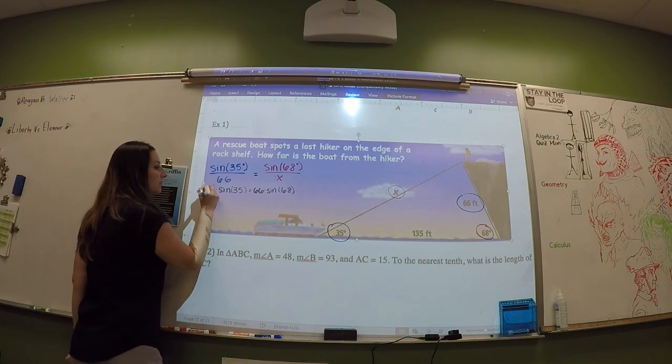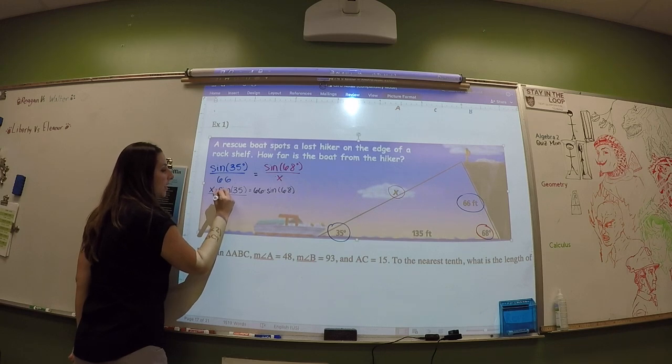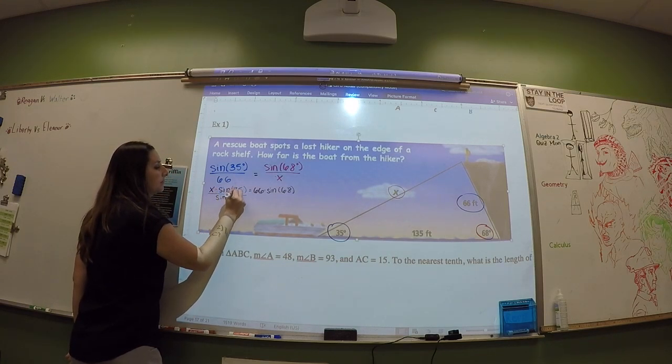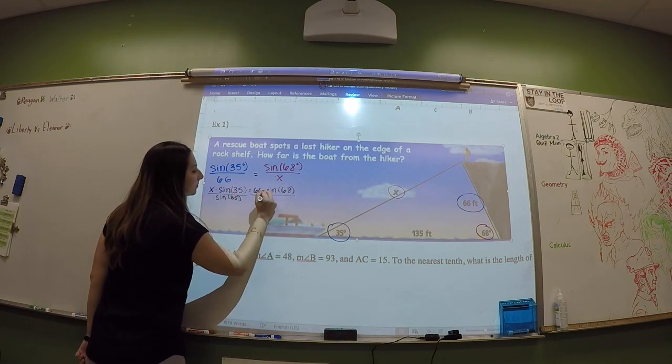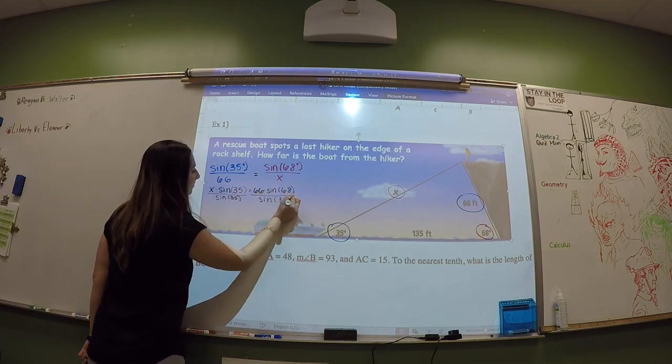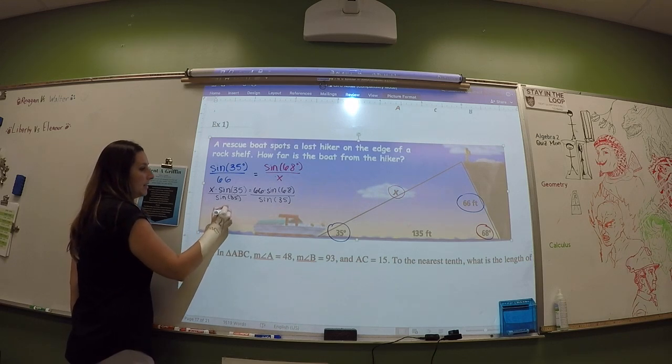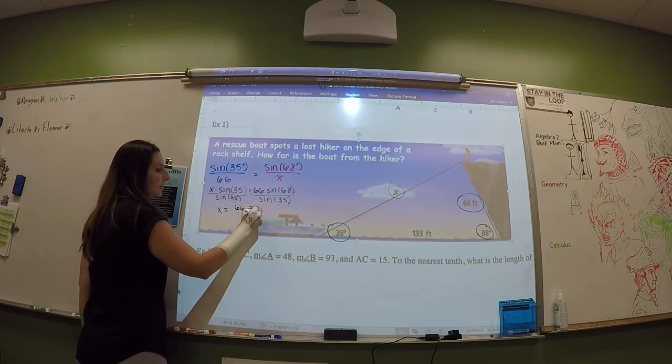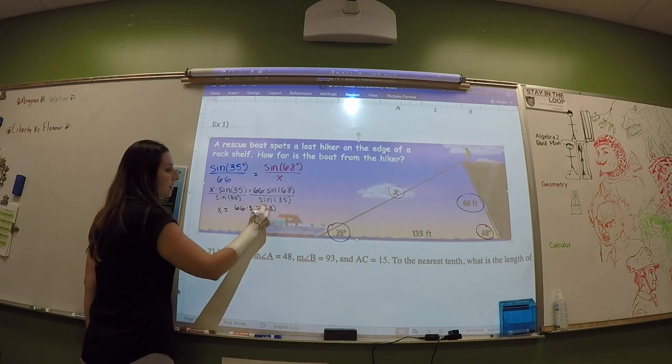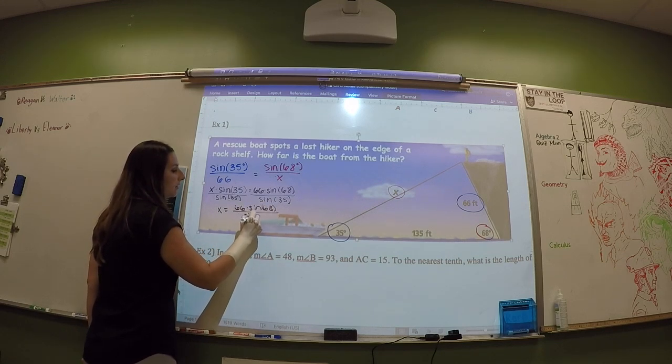Division. So we're gonna divide by sine 35. Okay, so we get x equals 66 times sine of 68 all over sine of 35.